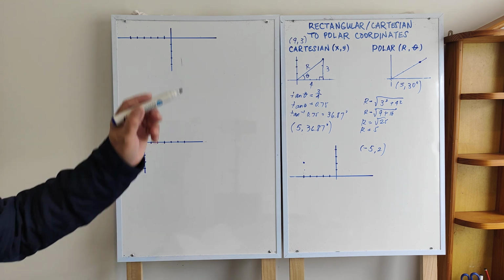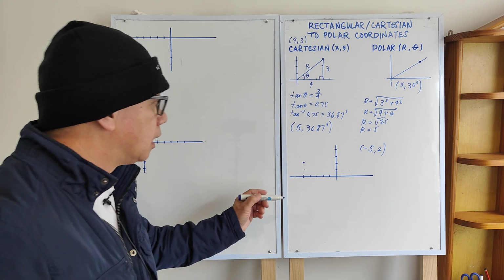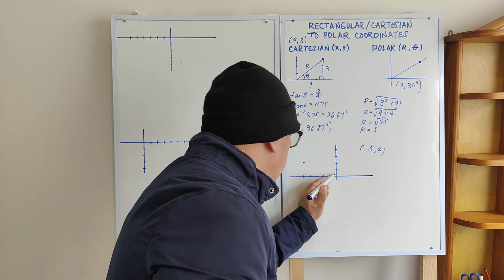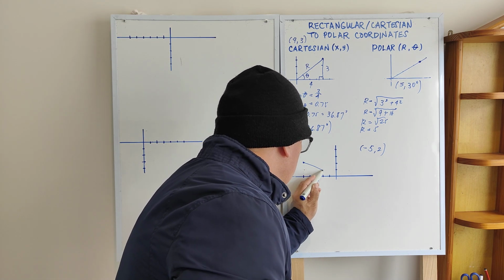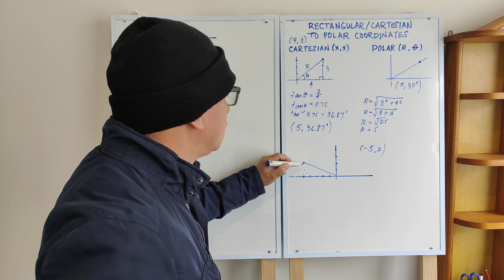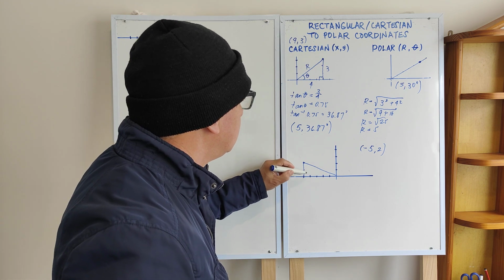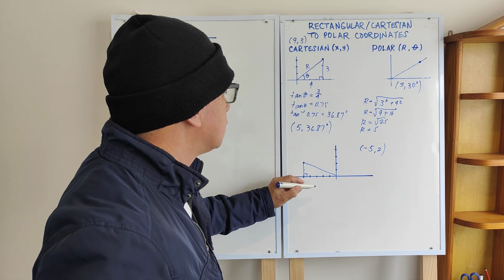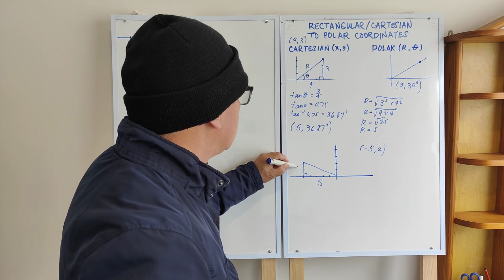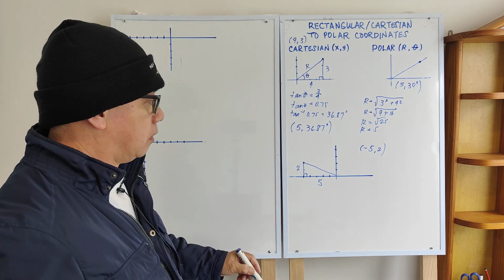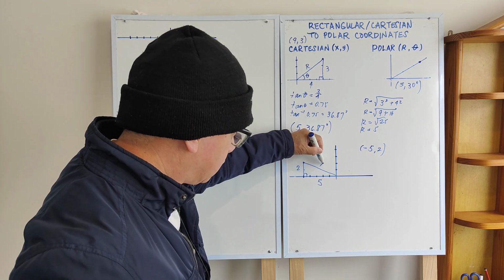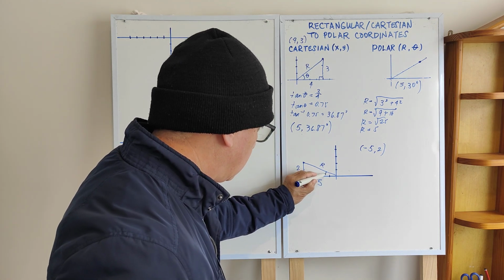Now, we need to get the polar coordinate. We just make a line from the origin up to this point. And then we can make a right triangle. So this is 5, and this is 2. What we need to find is r and this angle.